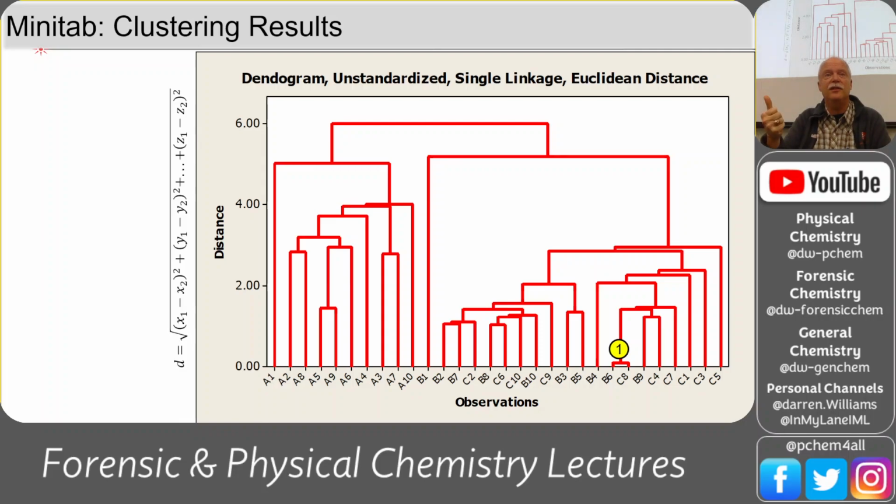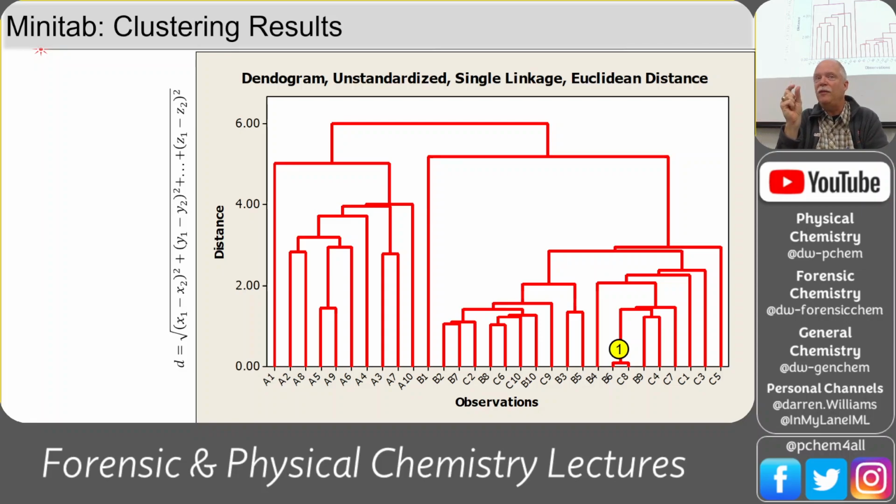Because this is the difference between cocaine squared, the difference between procaine squared, and the difference of caffeine squared. All added together, take the square root, that's the distance. So if any one of those differences is big, they're going to be far apart. But if those differences are similar, the square differences added together, take the square root, that's going to be a very small number because you have lots of things that are close to 0.